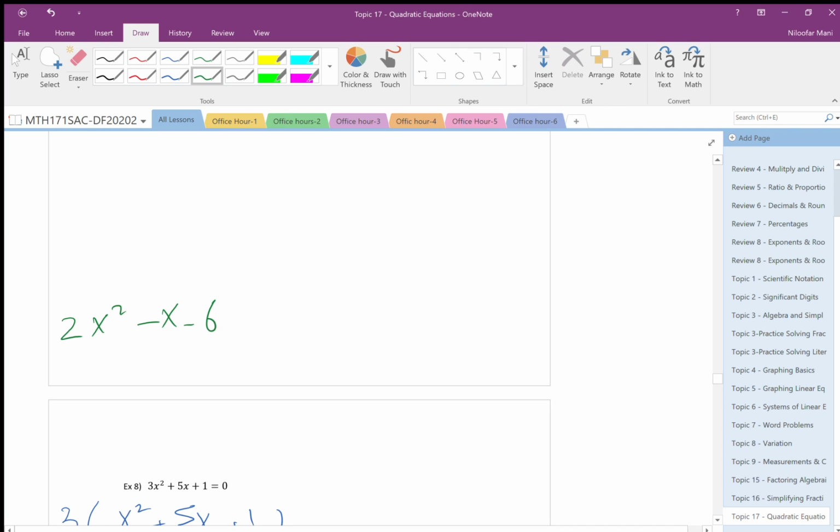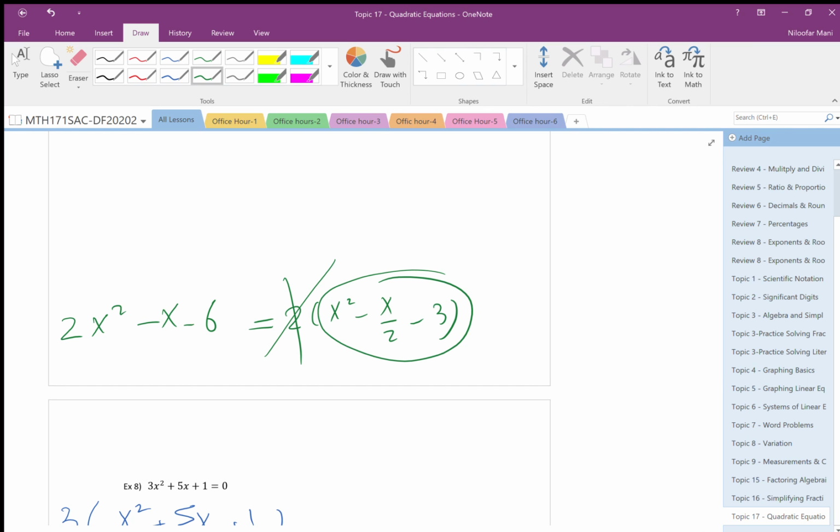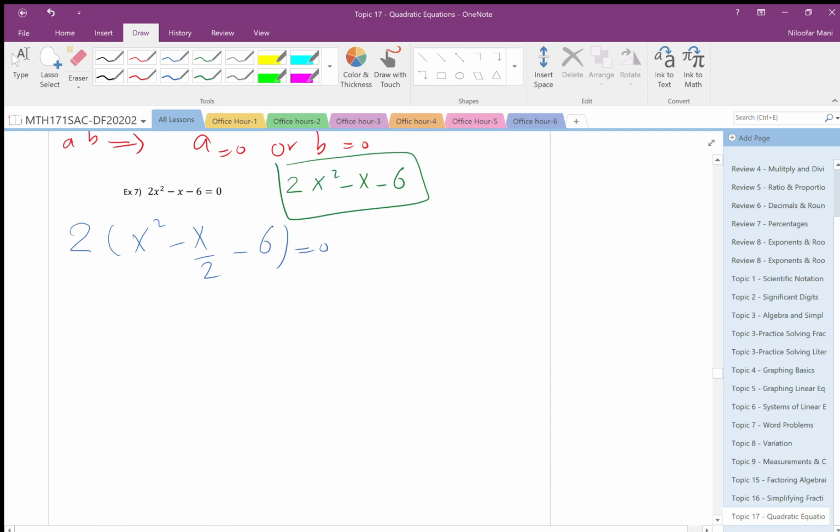Here you can't because we cannot factor this, but I say, okay, make it by completing the square. For example, I see a student do this: 2 factor x squared minus x over 2 minus 3, and then they forget 2 and they work with this one. If you do this, you are changing your question because you are factoring 2 and forgetting 2. That's wrong.